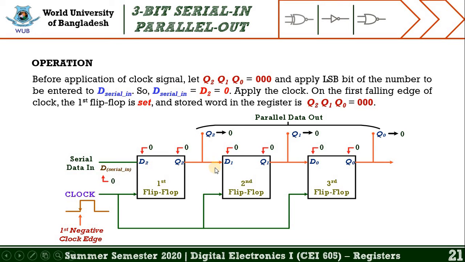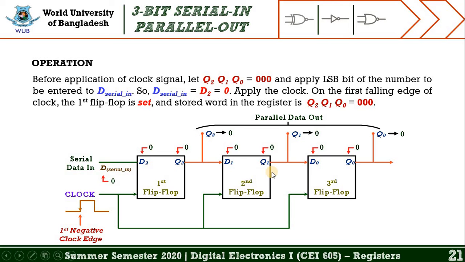But for the first flip-flop, you need to remember one important thing: since the first negative clock edge is applied at the first flip-flop, it is in set condition and the rest of the flip-flops resume the previous value.